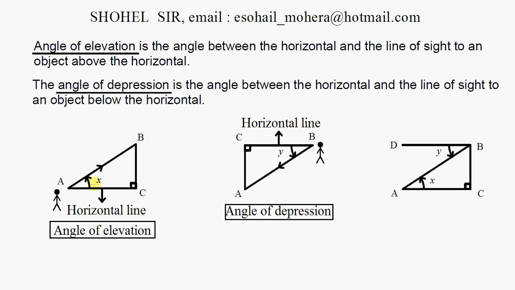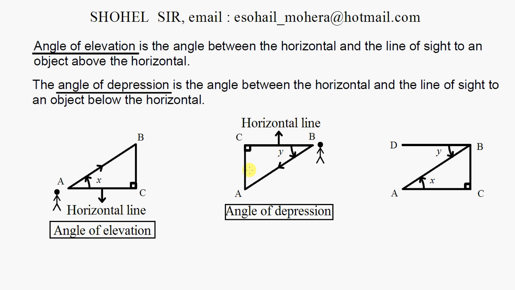That is, here at A is the reference point and the angle of elevation is X, and in this case point B is the reference point and the angle of depression is Y.